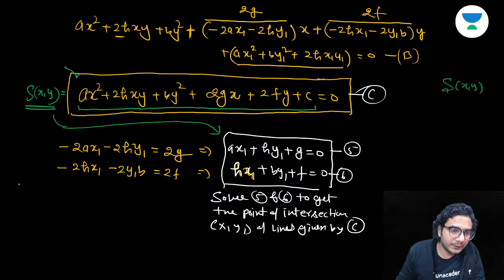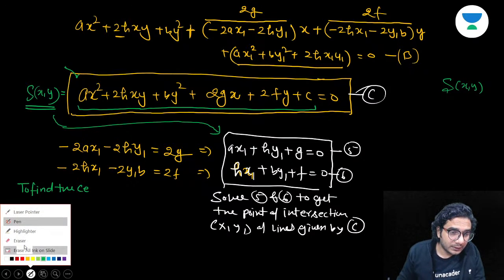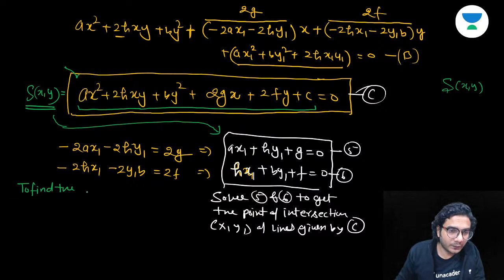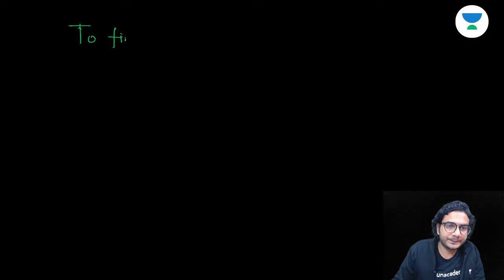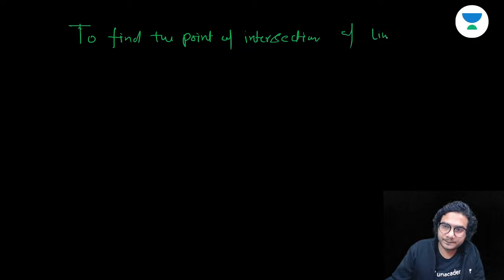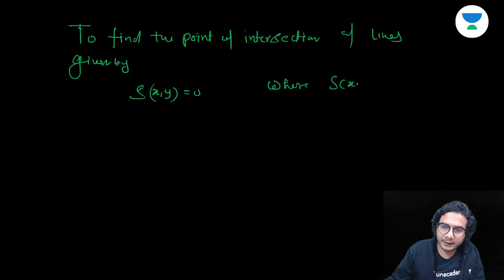To find the point of intersection of the lines given by S(x, y) is equal to 0, where S(x, y) is equal to ax square plus 2hxy plus by square plus 2gx plus 2fy.